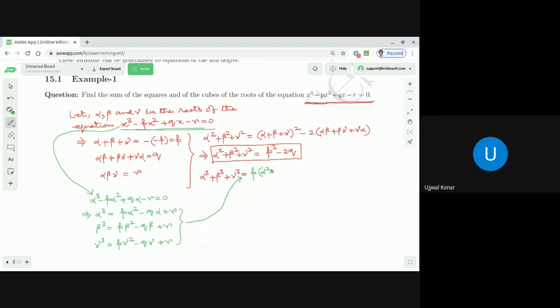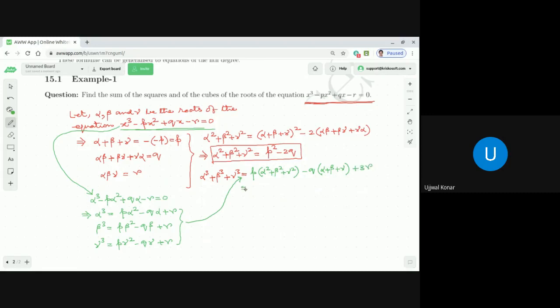Alpha square plus beta square plus gamma square, isn't it? Then minus Q into alpha plus beta plus gamma. Correct or not? And plus R plus R plus R, that is plus 3R.